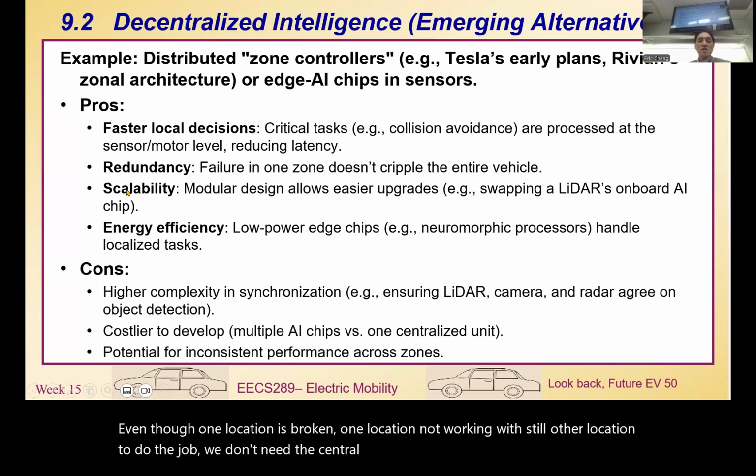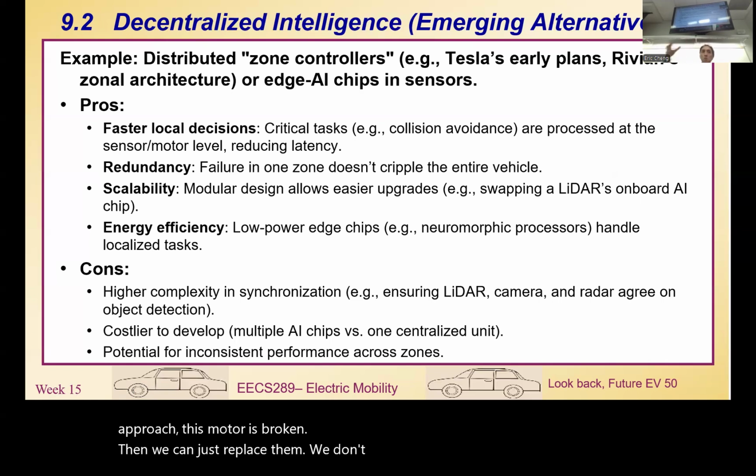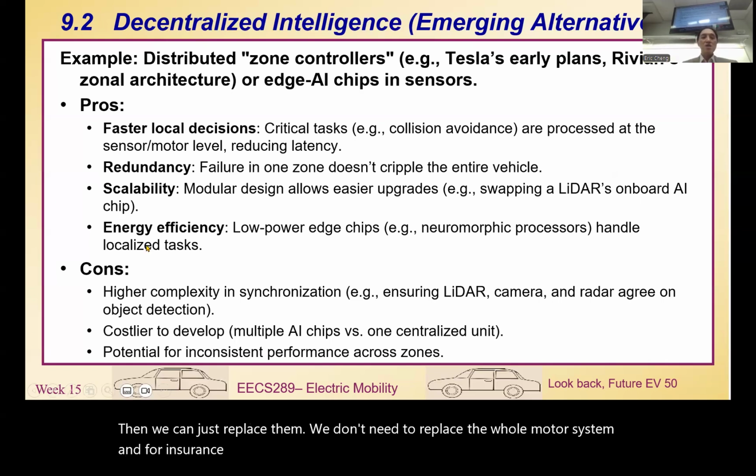It's also scalable. Many parts, for example the motors, follow a modular approach. If one motor is broken, we can just replace it. We don't need to replace the whole motor system. And from an efficiency point of view, we are able to handle localized tasks and localized risk. So that's the advantage we see.